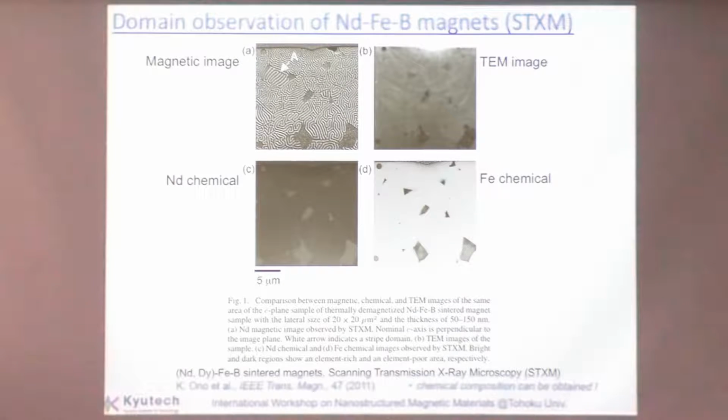The second example is by Dr. Ono, using the scanning transmission X-ray microscope. By this technique, a very clear and beautiful domain image can be obtained. And moreover, the chemical composition can be obtained at the same observation spot.